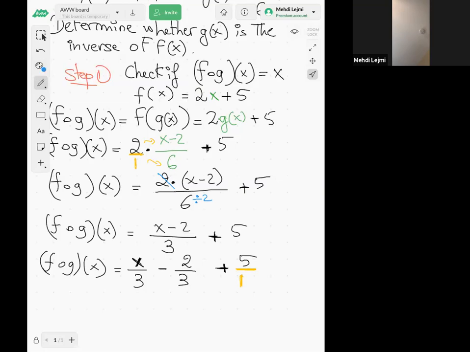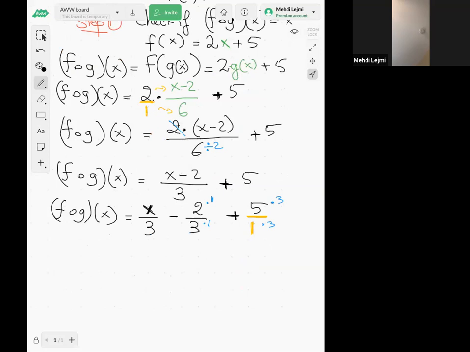Here I need to multiply by 3, and here you multiply by 1. So f composed with g of x equals x over 3 minus 2 times 1, that's 2 over 3, and then plus 5 times 3, that's 15, and 1 times 3 is 3.